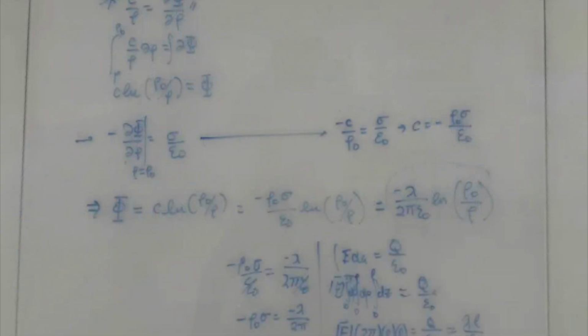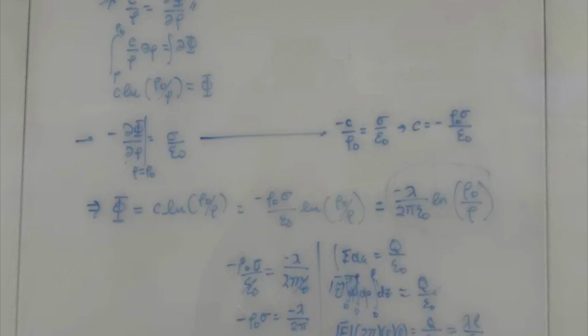And then we continue with this particular integration, right? And when we continue doing this integration, we get that our potential is actually a natural logarithm of rho naught divided by rho, where rho naught is some starting position away from the rod, and rho is the actual position of our viewing point.